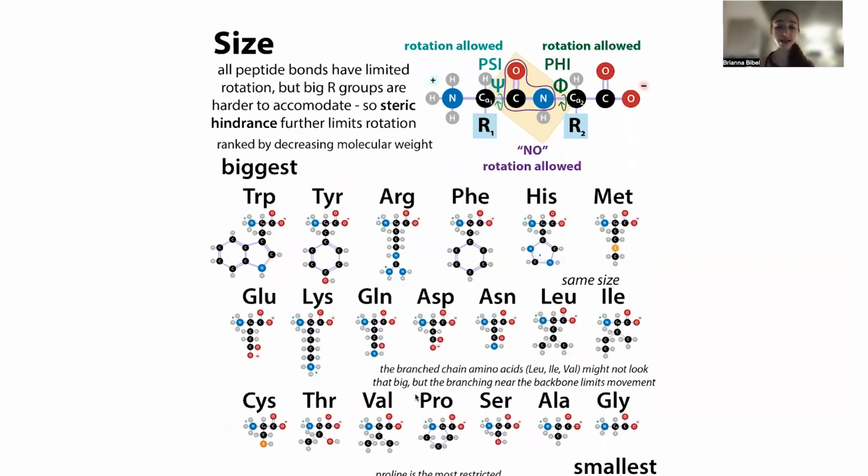In terms of size, valine doesn't look that small. But because it has that branch point really close to this stem, it's going to have restricted motion. Even though it's small, it's got its bulk close to its backbone, and this is going to restrict its motion.